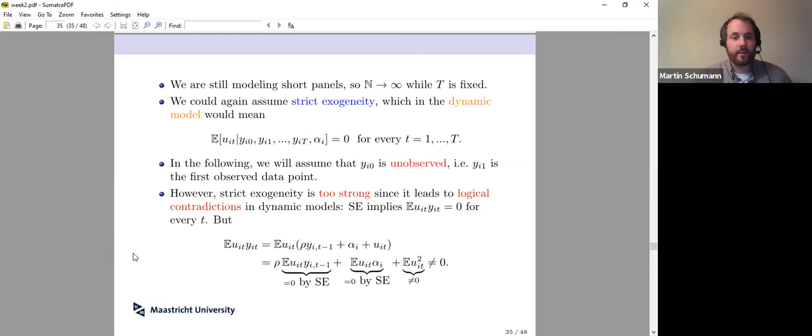Okay, let's see. Does strict exogeneity work? Well, it turns out, no, it's too strong. It leads to logical contradictions. For instance, strict exogeneity implies contemporaneous uncorrelatedness, so u_it and y_it are uncorrelated. Now if you look at this, you simply plug in the model for y.